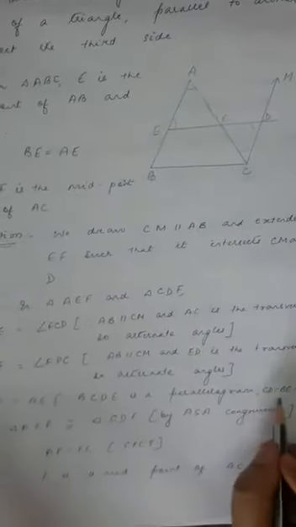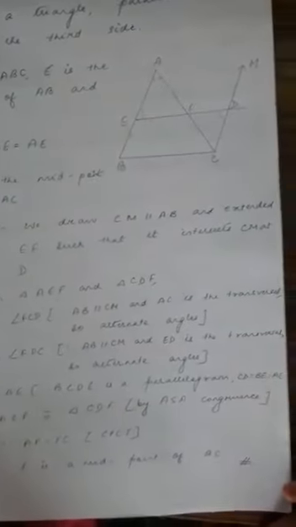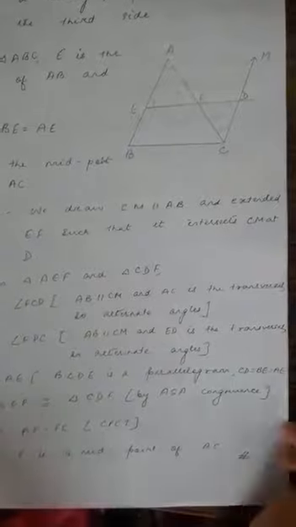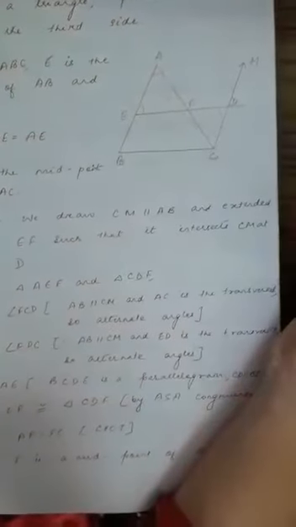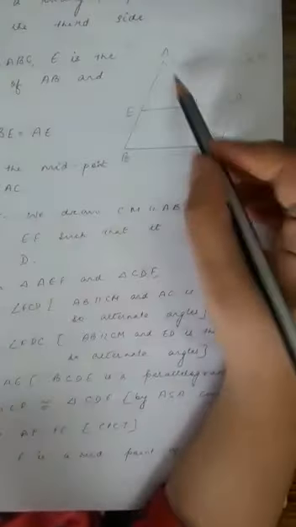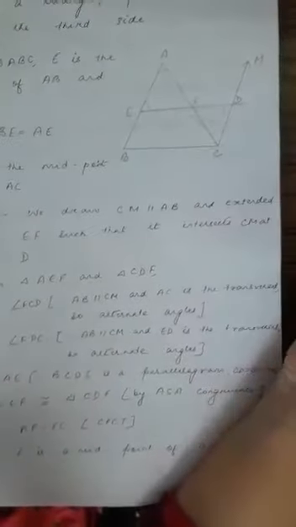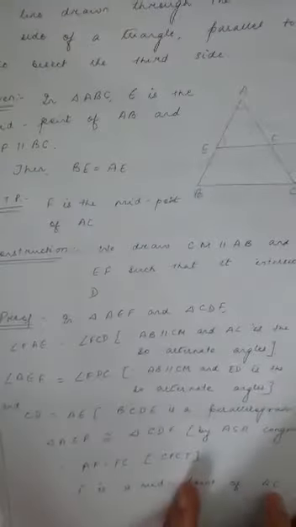So CD is equal to BE is equal to AE. Therefore these two triangles are congruent to each other, and then AF will be equal to FC by CPCT. If AF is equal to FC, then F is the midpoint of AC. So with these two concepts, we will start with the next exercise, 8.2.